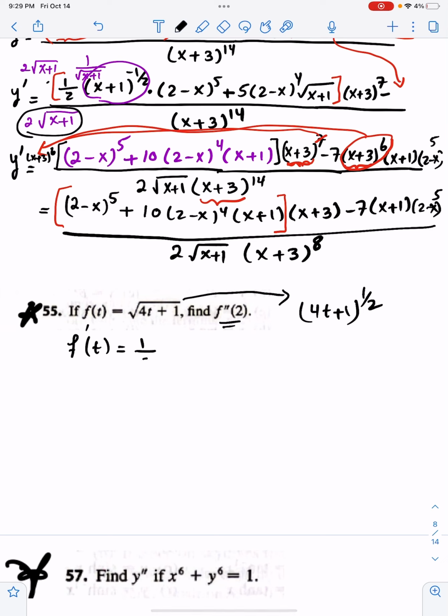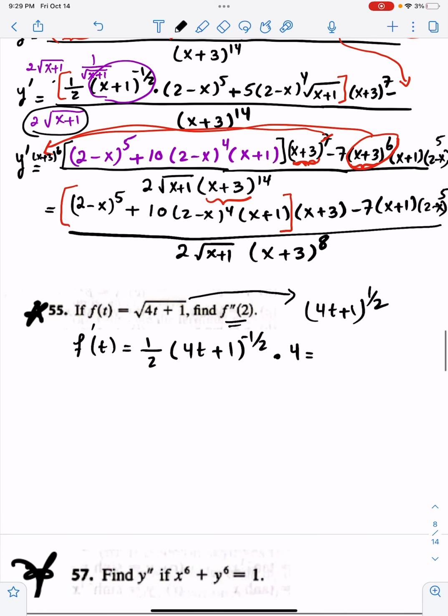So it's 1/2 (4t plus 1) to power negative 1/2 times derivative of inside, which is just 4. Okay, so that is equal to 4 and 2 cancels to 2. So 2 (4t plus 1) to power negative 1/2.